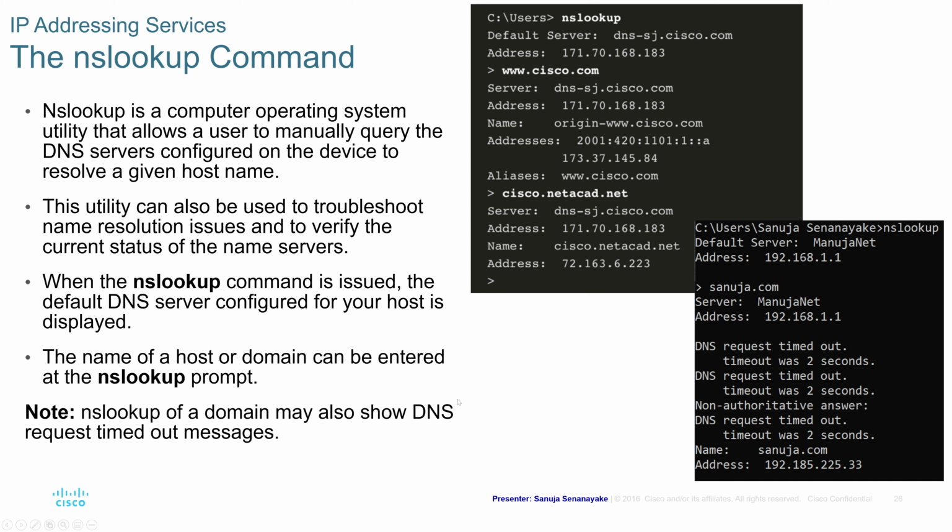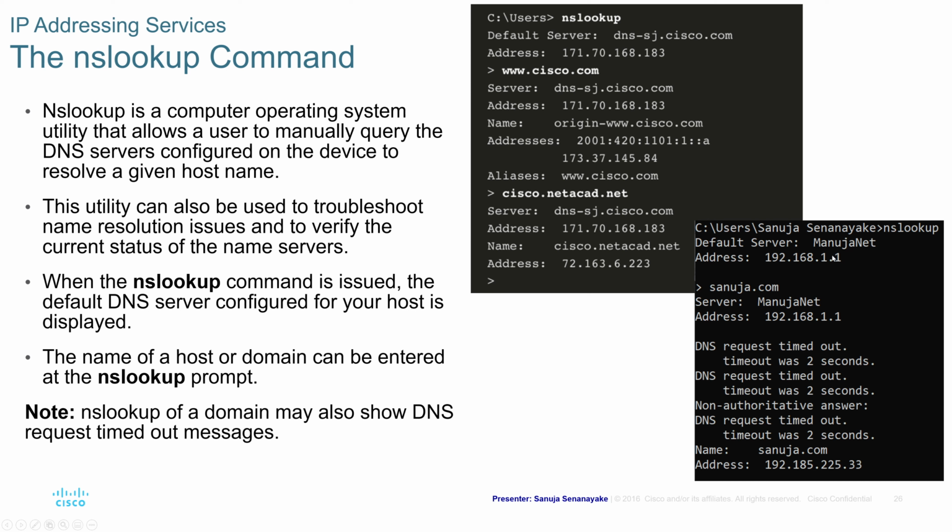These timeout messages don't mean that the website cannot be reached, because it may be that your request is trying to reach that DNS server and it is taking a little bit of time to get that information back. In this example, I logged into my computer and entered the NSLOOKUP command, and it returns the information for my default server.